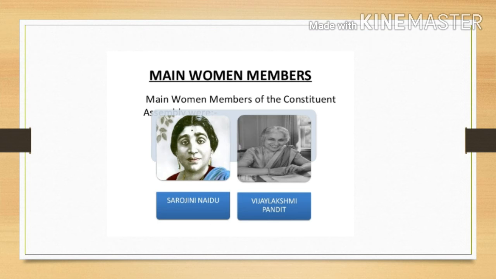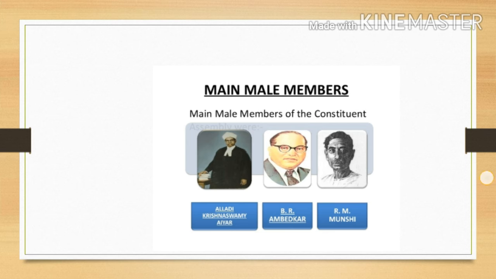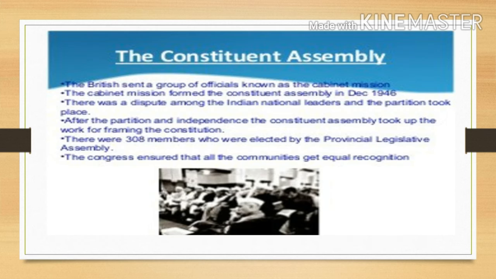In order to set up a constitution, first of all, we need a constituent assembly. The British sent a group of officials known as the Cabinet Mission. The Cabinet Mission formed the Constituent Assembly in December 1946.